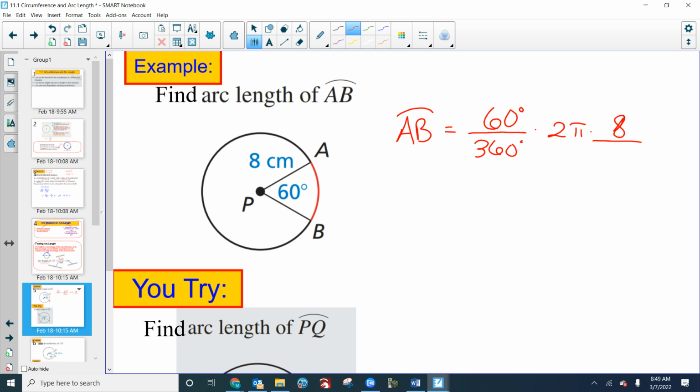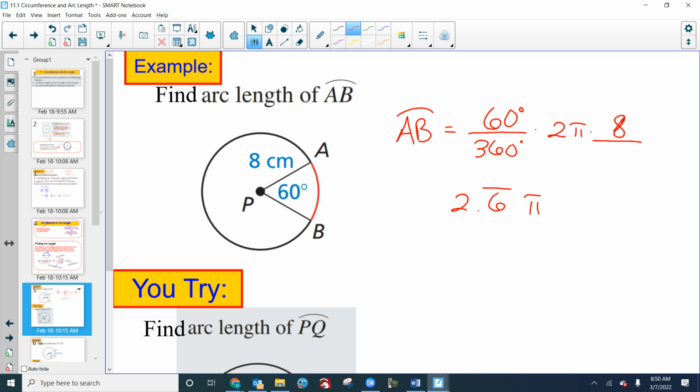When it says in terms of pi, guess what I'm typing in my calculator? Everything except for the pi. So 60 over 360 times 2 times 8. And that gives me the 2.6 repeating part, and I left out the pi. So that's 2.6 repeating times pi.